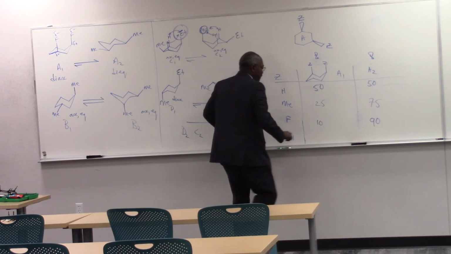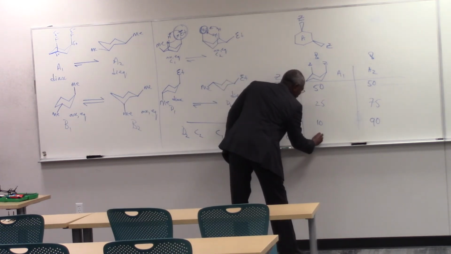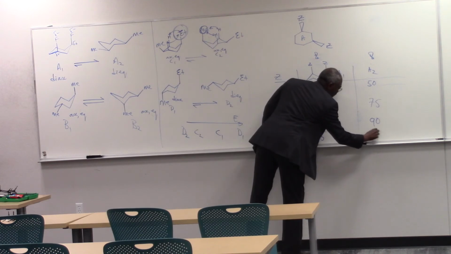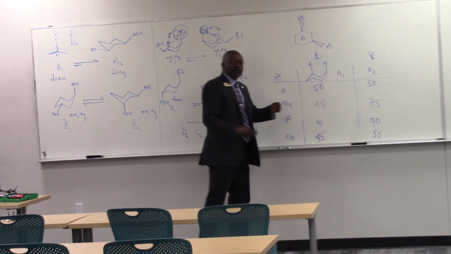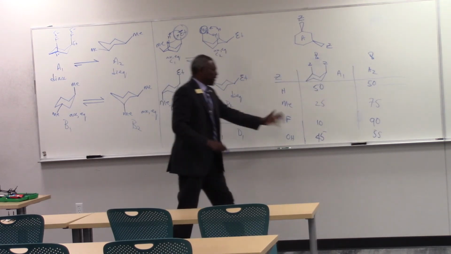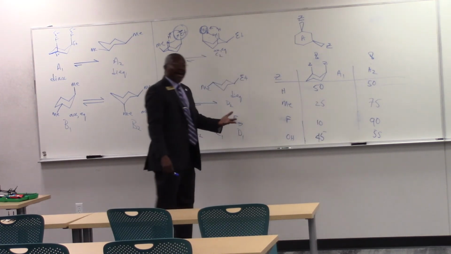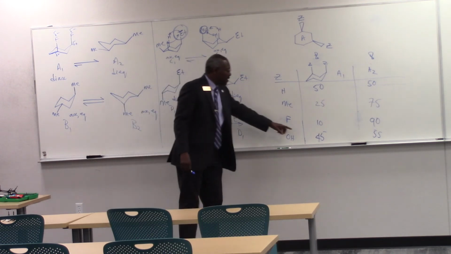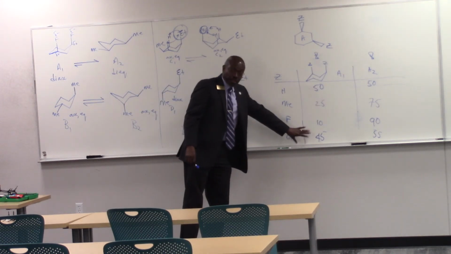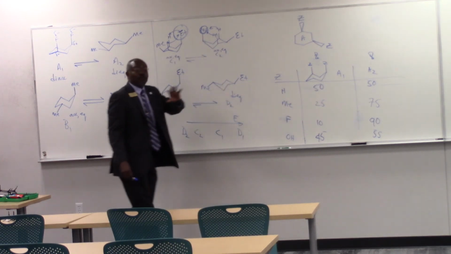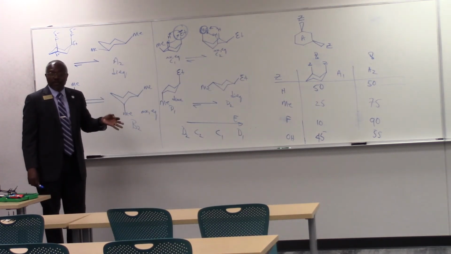Turns out, if I do this, it's usually somewhere around 45 to 55. Or darn close, 45, maybe 50-50, somewhere in that ballpark. But a lot higher than I'd expect based upon size, which should not help me, and electronegativity or repulsion, which should not help me either.